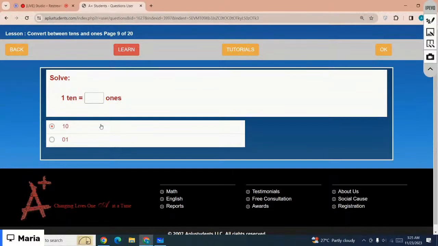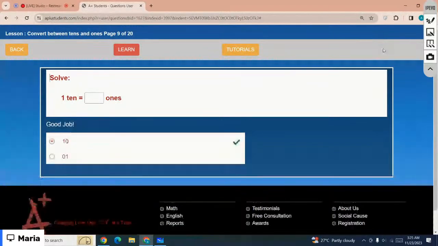The correct option is 10 ones, right? It is 10, not 1, sorry. You have to see how many ones there are. So you have 10 ones there, right?